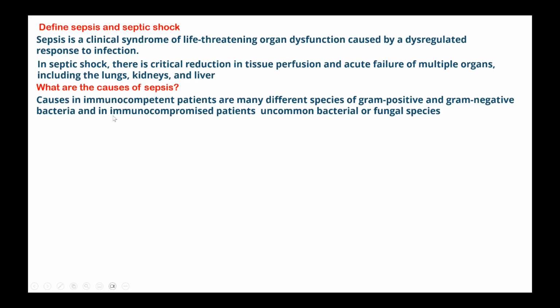They can develop not only the common infections like gram-positive and gram-negative, but also uncommon bacterial and fungal infections. And the clinical signs will be tachycardia, fever, hypotension, oliguria, and confusion in severe states.